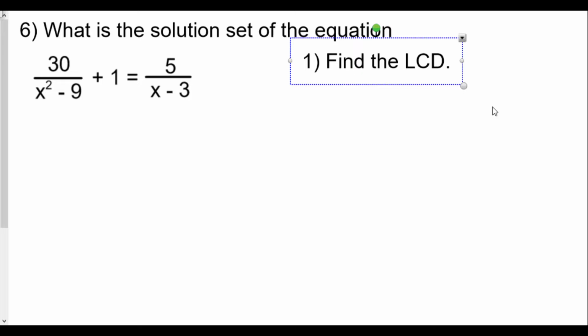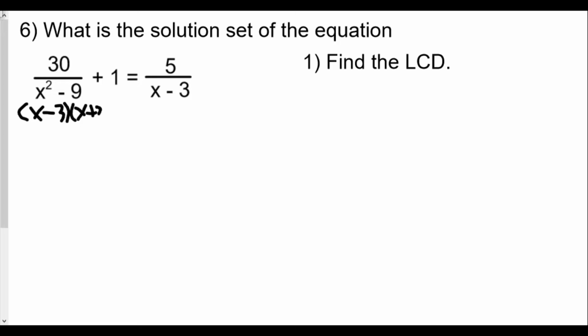Now the LCD in this case, you have to factor your denominators here. So x squared minus 9 is really going to be x minus 3 times x plus 3. A 1 is just 1, and so x minus 3.